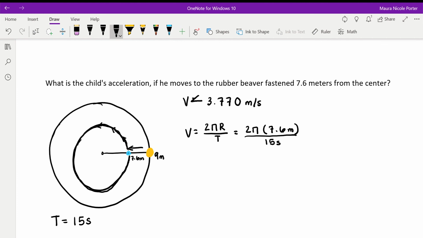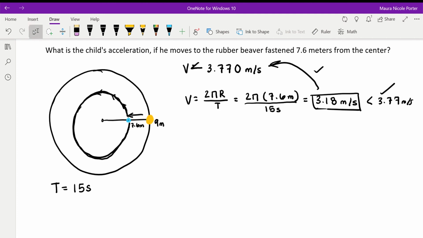And this is going to give us a value of 3.18 meters per second. And we know that this is right and that we're on the right track because, as you can see here, 3.18 is less than 3.77 meters per second. So check, we're good with that.